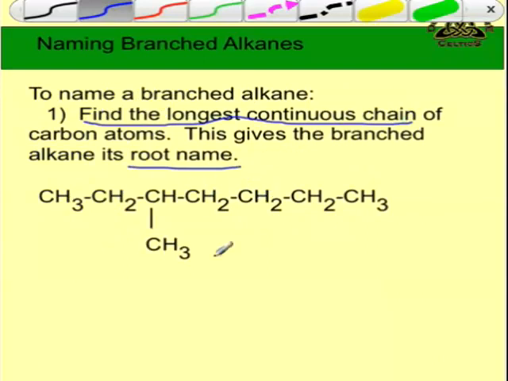For this branched alkane, I think you can see pretty clearly that this root has 1, 2, 3, 4, 5, 6, 7. This particular branched alkane has a root that is 7 carbons long, and that means its root name is heptane. We're not finished, but that's the first step in naming this branched alkane.